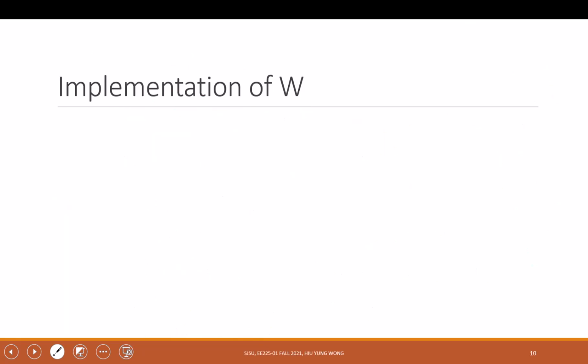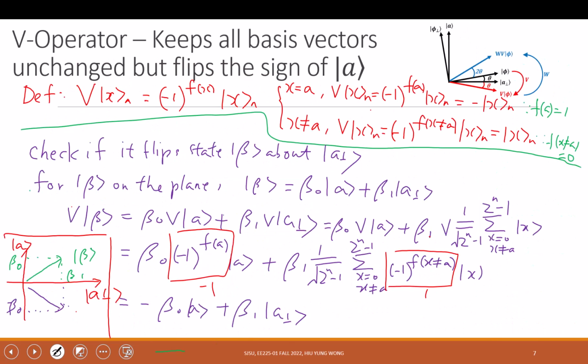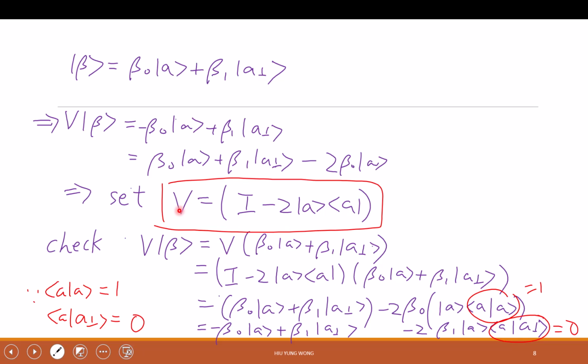Okay, so how do we implement W then? We just say that W equals 2 phi outer product phi minus I. And you probably at this stage were able to memorize something, right? It's very similar to I minus 2 outer product.